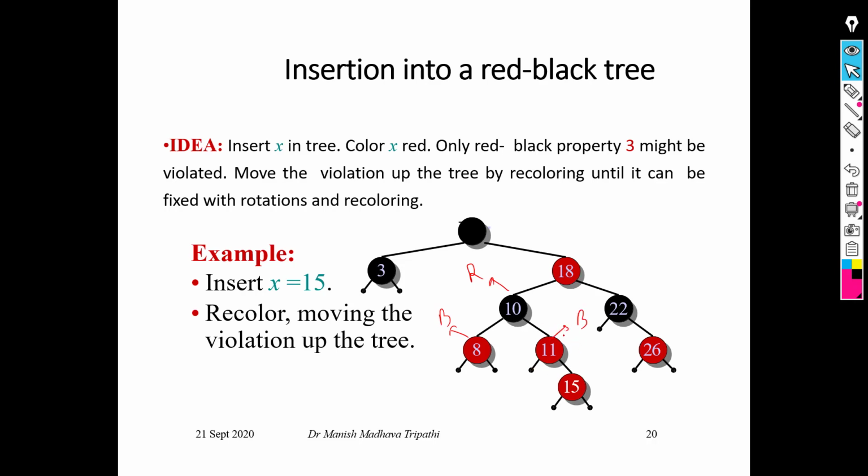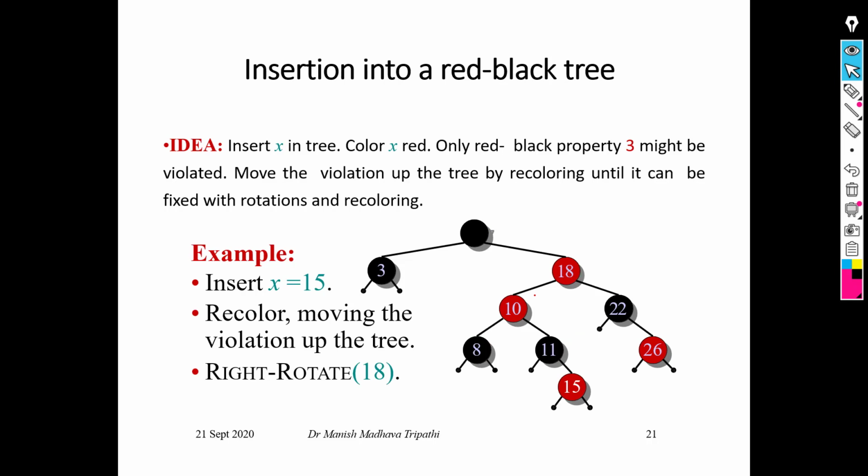then at this point the property gets satisfied. But at this point the property again gets violated, that 10 and 18 both are of red color. So property number 3 again gets violated. So what we do, we can right rotate the thing. The situation will be like this, as I already explained.